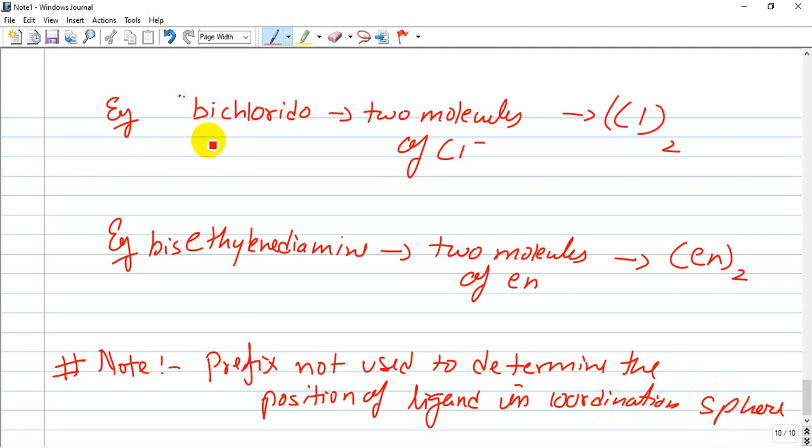So please understand this part. Here this B, or here bis, we won't determine the position of the ligand with this. It is indicated only by the first letter of the ligand. Always remember this first letter of the ligand, whether it is monodentate or polydentate, that only determines.